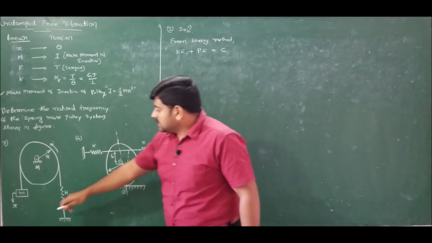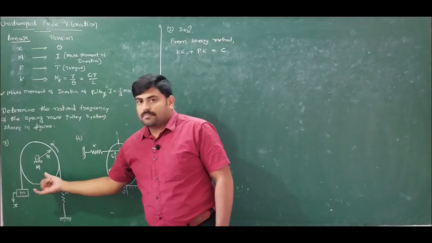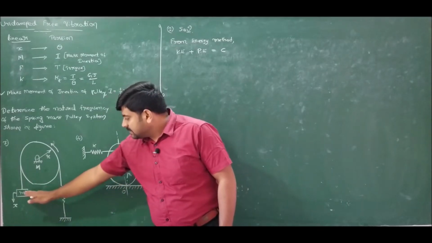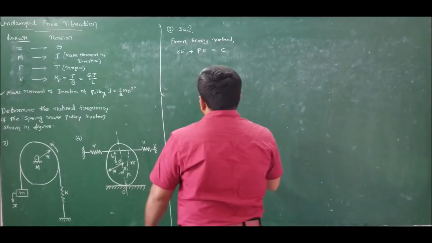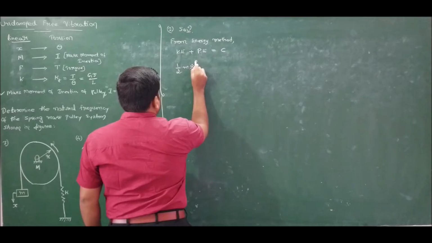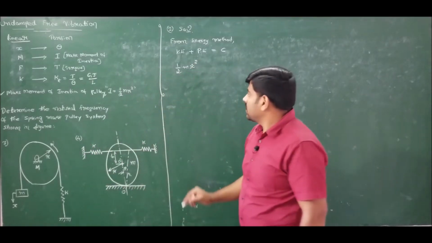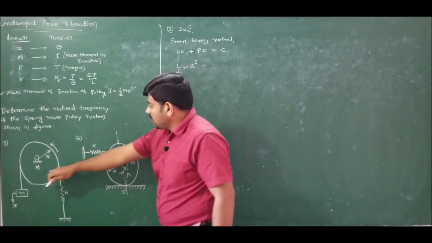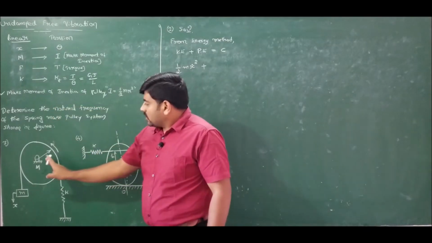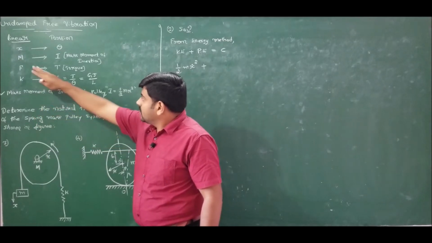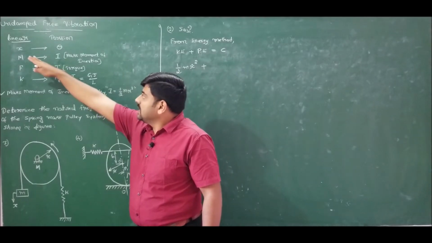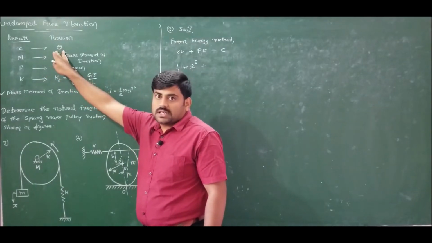We have two masses, mass m and the pulley. Mass m is displacing linearly by x, so the kinetic energy of the small mass is half m v square, where velocity is x dot, plus we have the pulley. For the pulley, for torsional systems, instead of mass we should use mass moment of inertia, and instead of linear displacement x we should use torsional deflection theta.